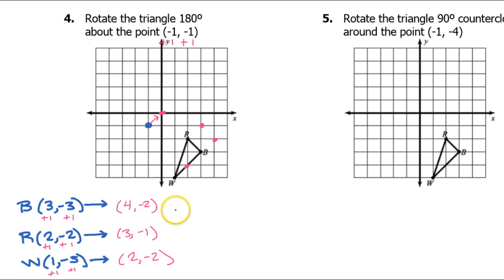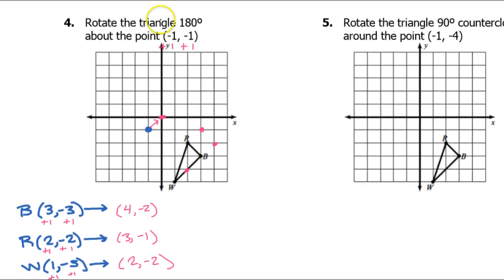So now I can go ahead and use my rules of rotation. The rule for doing a rotation of 180 degrees is you just change the sign. So (x, y) becomes (-x, -y). This is what the rule would be if you were rotating around the origin. So we've moved the center to the origin, so now we can use this rule.